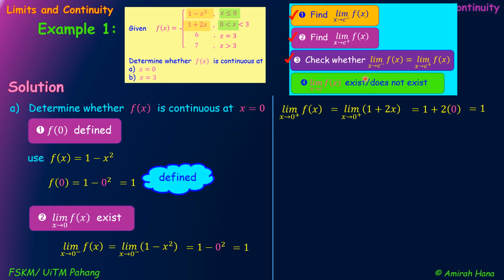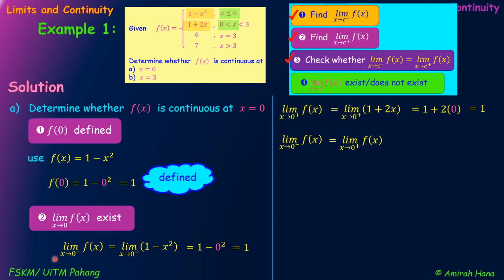Check whether the limit as x approaches c from the left of f(x) equals the limit as x approaches c from the right of f(x). In this case, our c, or our x, equals 0. So we need to check whether limit x approaches 0 from the left f(x) equals limit x approaches 0 from the right f(x).